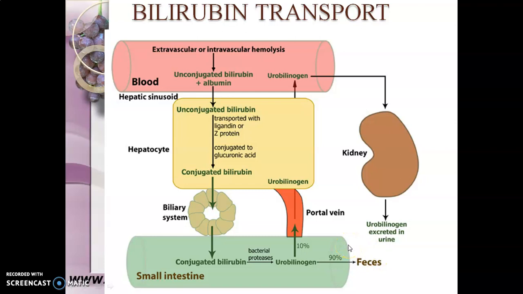Then a small amount, around 10 to 20% of urobilinogen, is taken up. Reuptake occurs through enterohepatic circulation, and thereby it reaches the systemic circulation. Hence, it reaches the kidney and is excreted in urine.